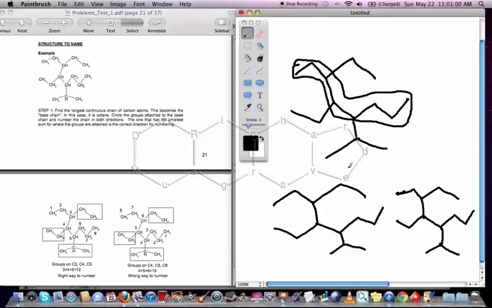Okay, there's the base chain there. Now I'm going to number it. It'll be 1, 2, 3, 4, 5, 6, 7, 8. But we could also number it from the other end.